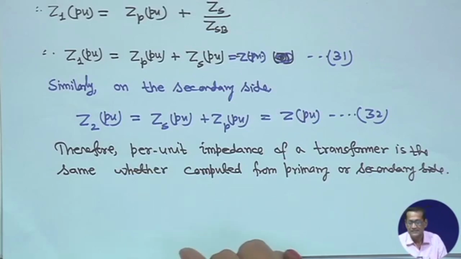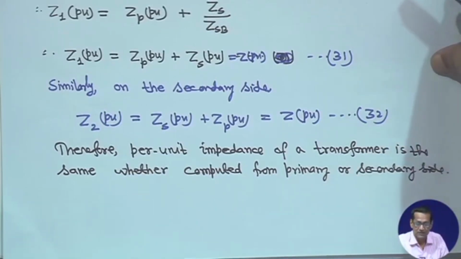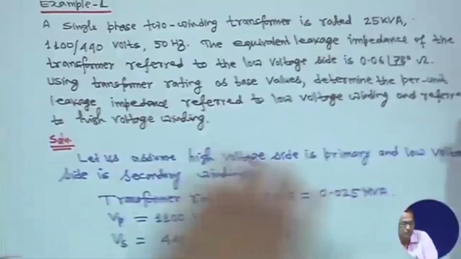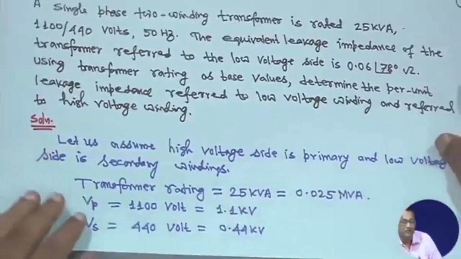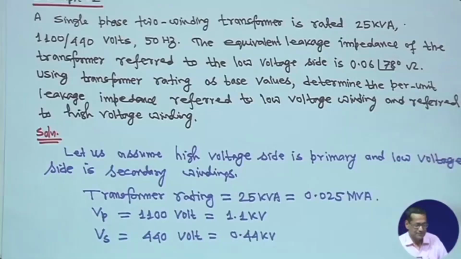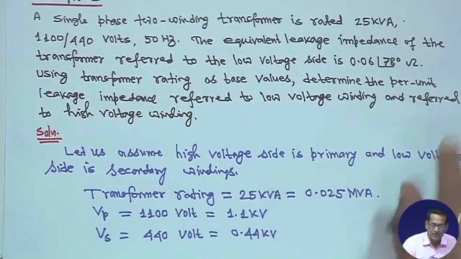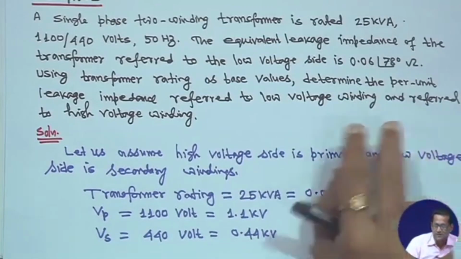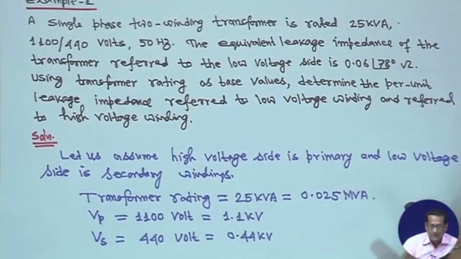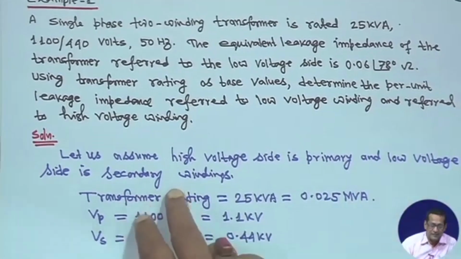After this we will take a few good examples, and then we will come to the methods of voltage control. First, generally, this per unit transformation and these numericals, many things you have to understand. Whatever little bit of theory we have seen, that is fine.